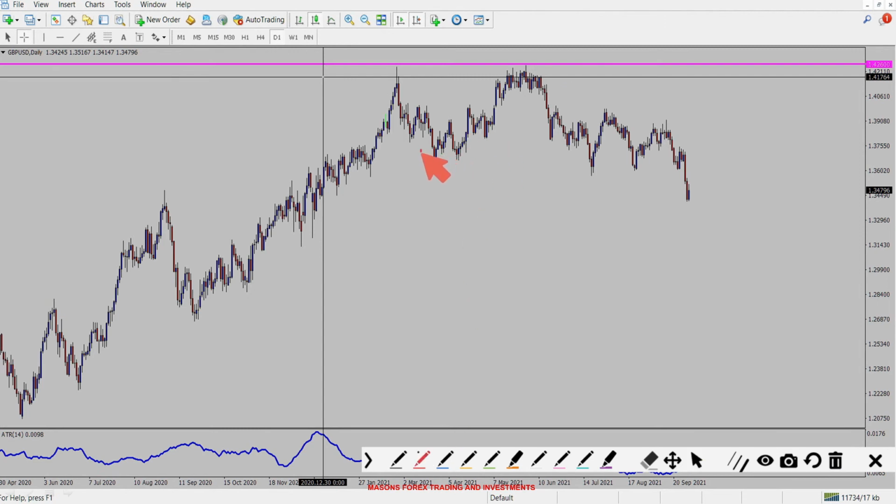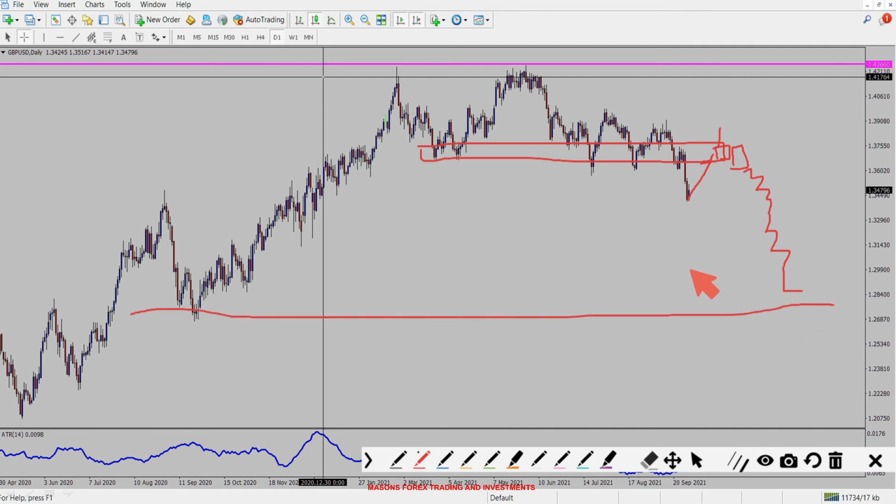If we could get price to move anywhere into this area of congestion, again a rejection bar followed by an engulfing bar would signal that price may be going lower. Our target would be approximately this level. This would be our first take profit.